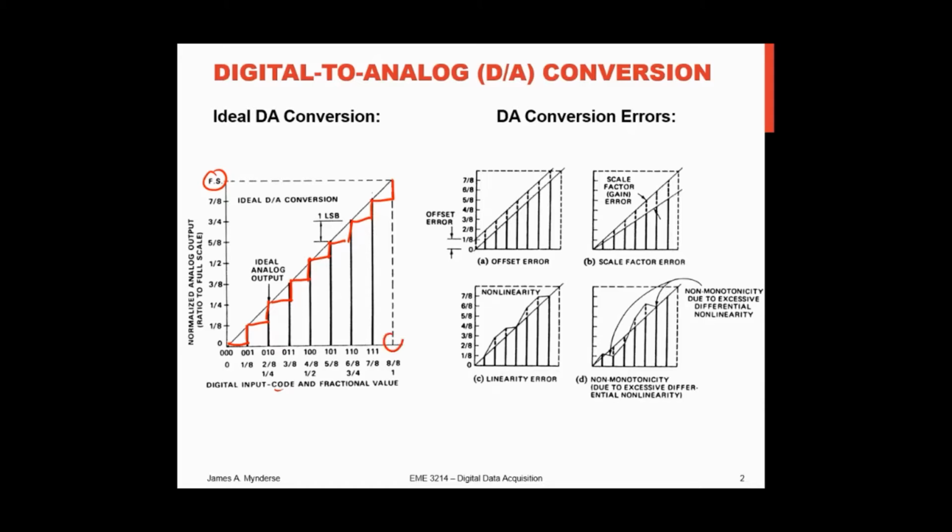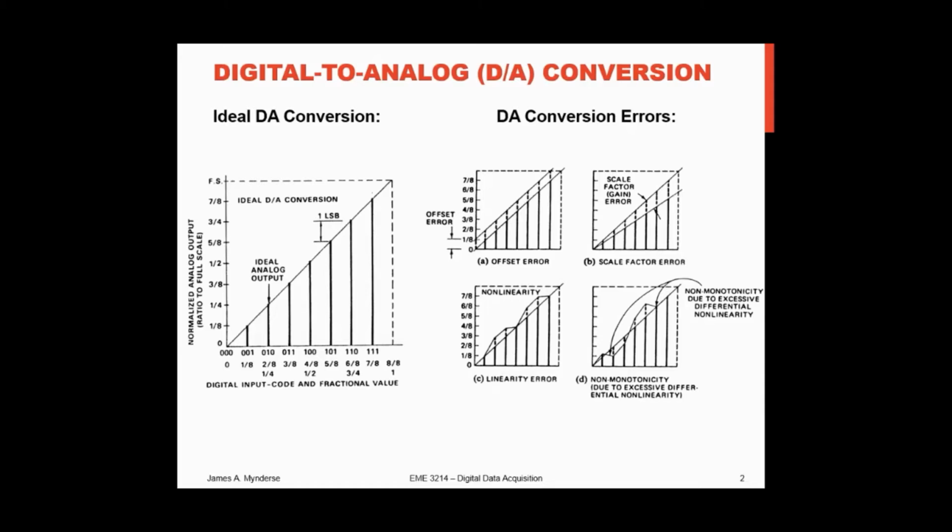As I set each bit, I raise the voltage the same amount, and I have this slope equal to one least significant bit, or actually one fraction of the output per each bit. And ideally these step sizes are all the same.